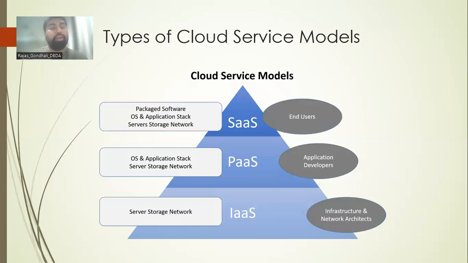I would only pay for the services, for the resources that I have bought, and I would use them as per my need. So this is basically infrastructure as a service.